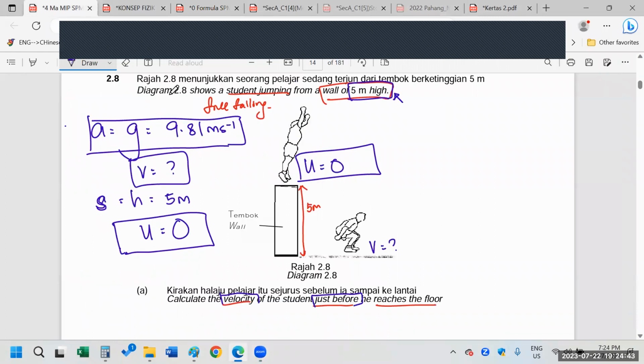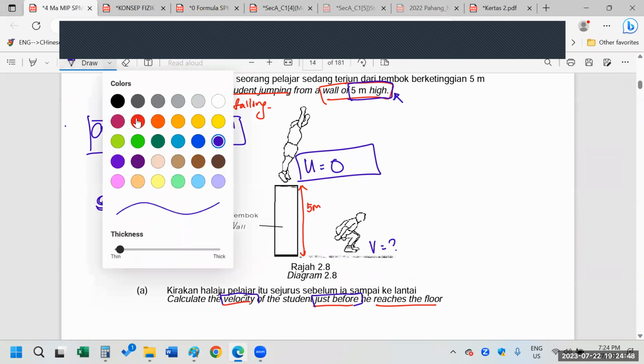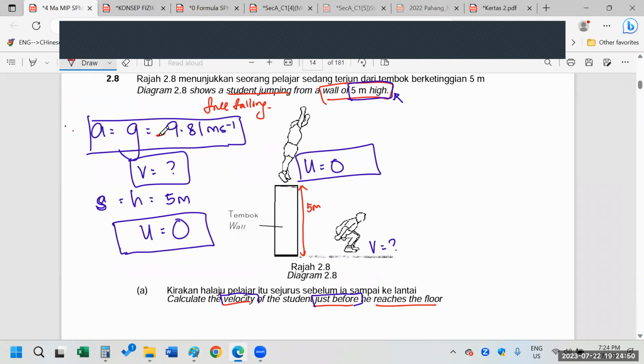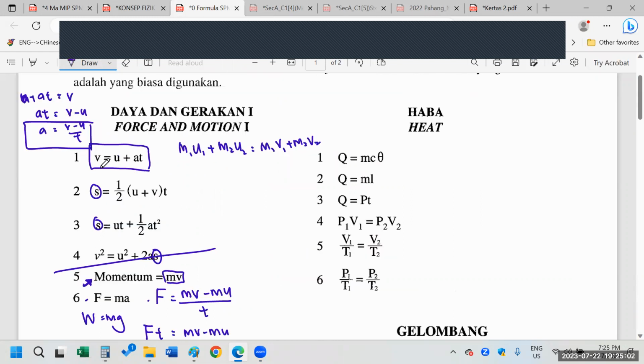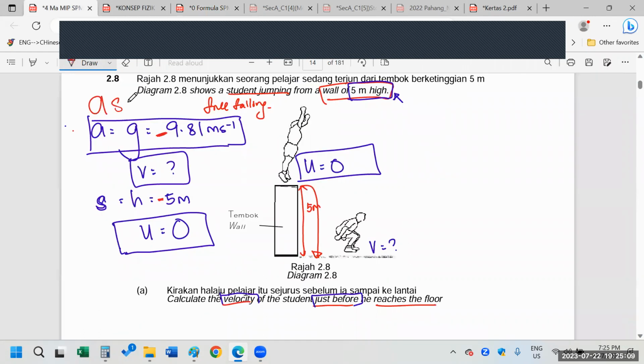Okay, so actually, if free fall, normally we will put negative here, and the height here is negative because going down. So we always check which formula to use. Here actually got A, S, T, U, V. We always check, is there A, S, T, U, V? 1 does not exist here.